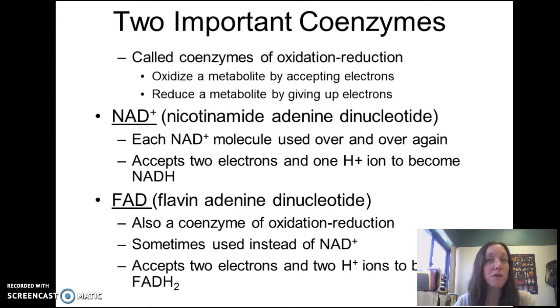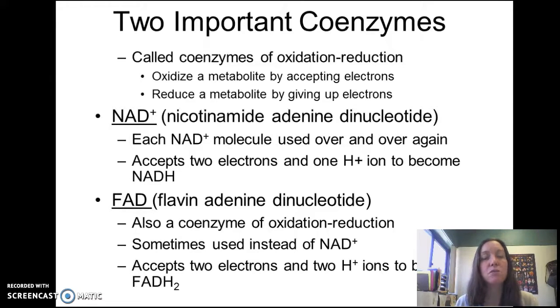In cellular respiration, there are two important coenzymes that help this oxidation-reduction reaction. These coenzymes carry electrons and hydrogens, and for the step-by-step reaction, we're going to see that these carry the electrons and hydrogens to the last stage of cellular respiration.